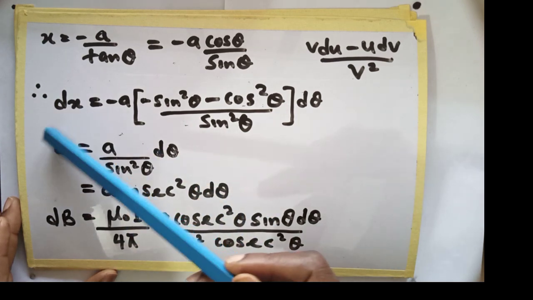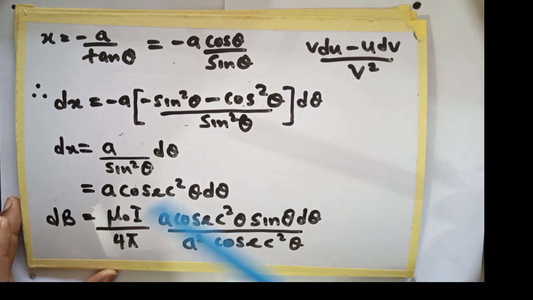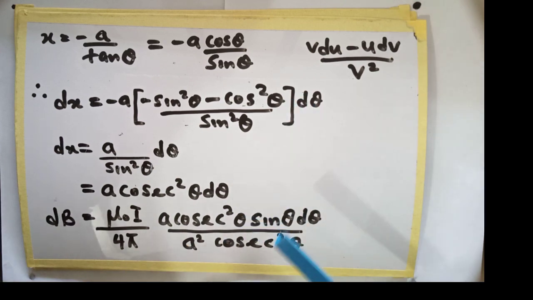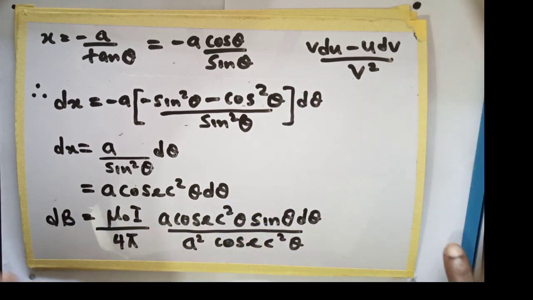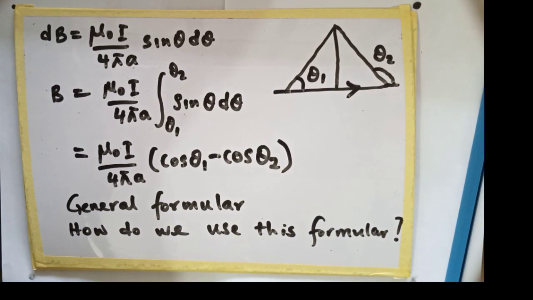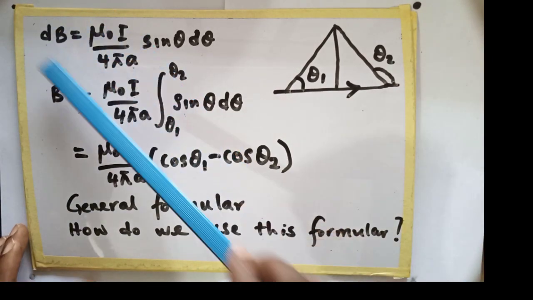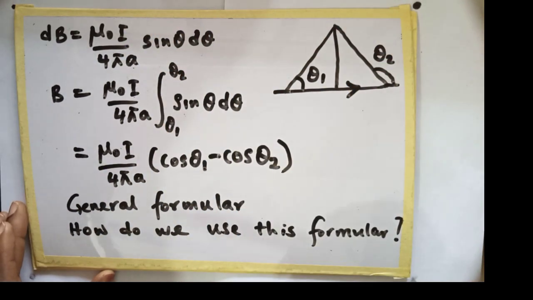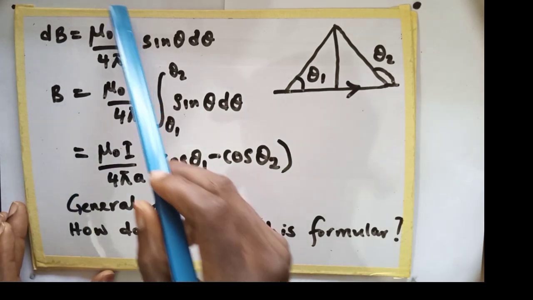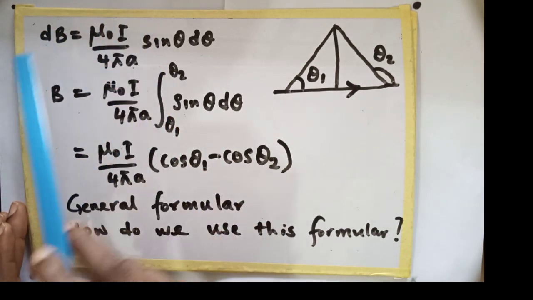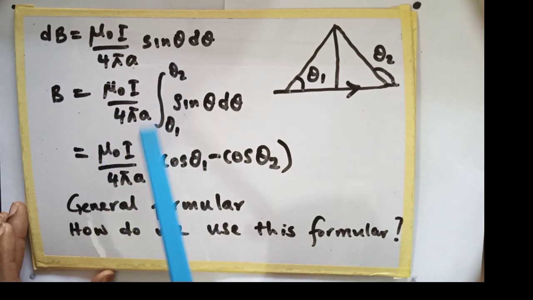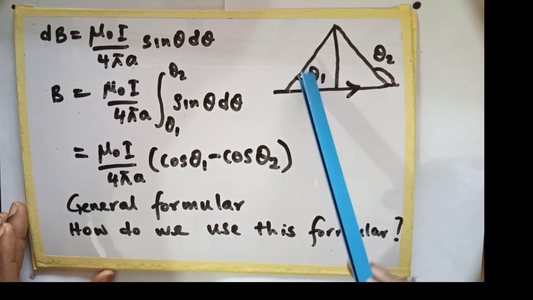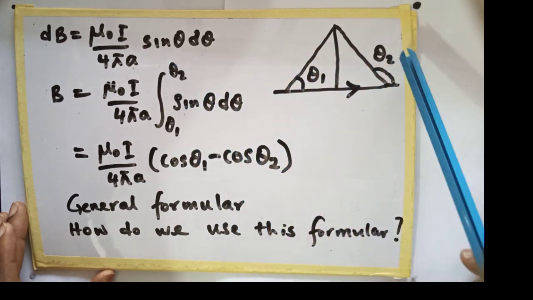Now you substitute the value of x and the value of r into the original equation, and you get these parts. When you now integrate both sides, it will result in this expression. If you simplify, you cancel out and it will result in sine theta. You integrate this side, it gives you B. This expression is a constant, so you take it out and integrate from theta 1 to theta 2, where theta 1 is this angle and theta 2 is this angle.